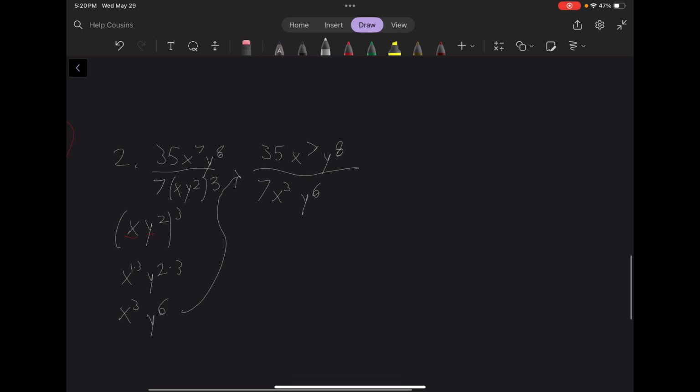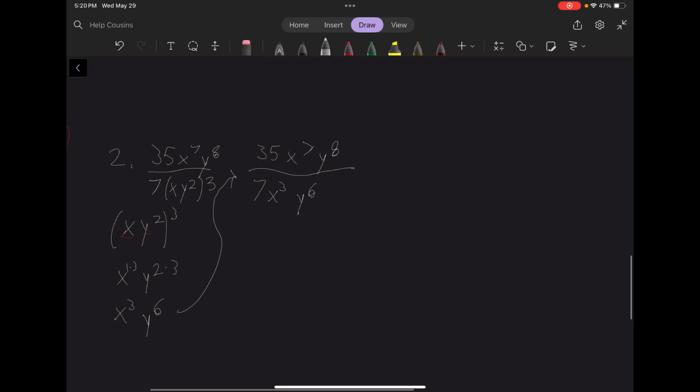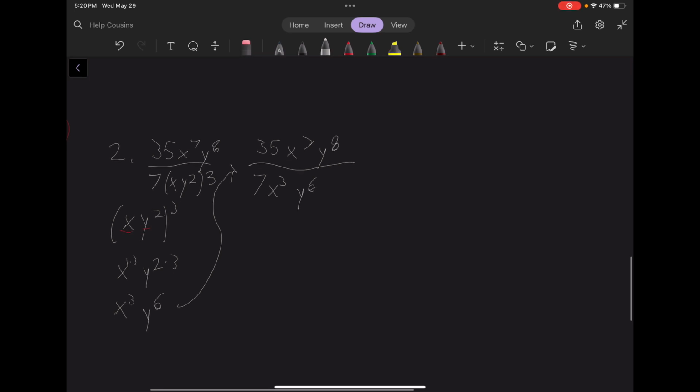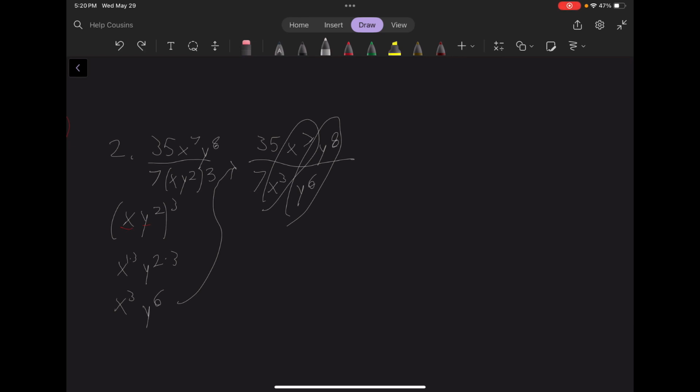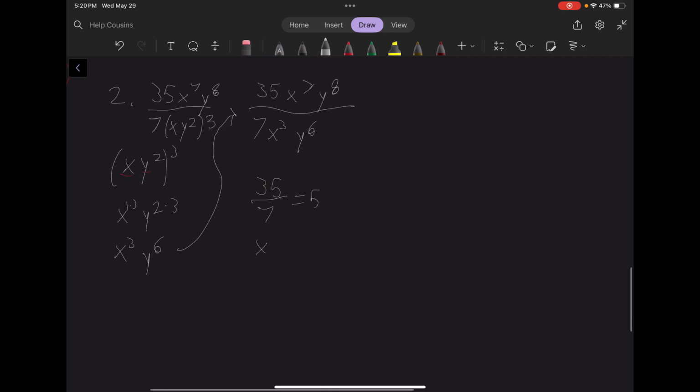And now we can just divide. We can use common factors to divide each one individually. So we'll have 35 divided by 7, which is 5. x to the 7 over x to the 3, which we briefly went over, would mean x to the 7 minus 3, which is x to the 4.